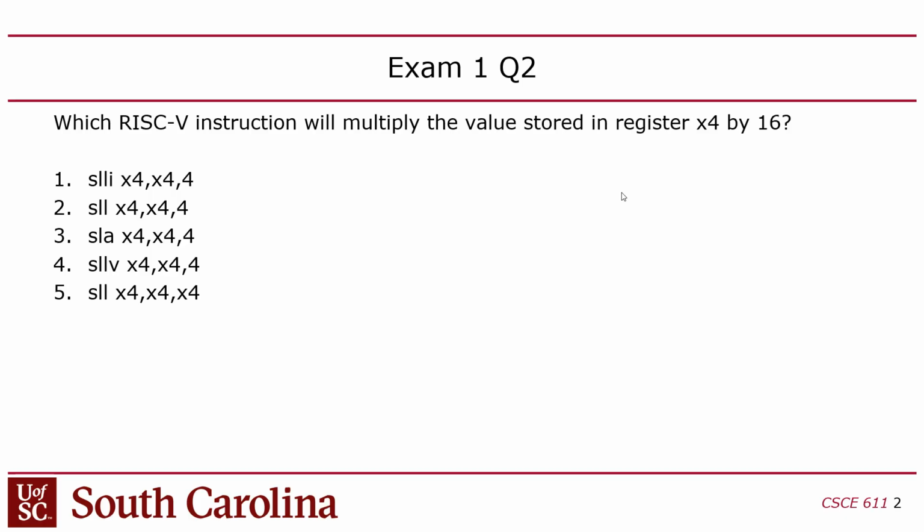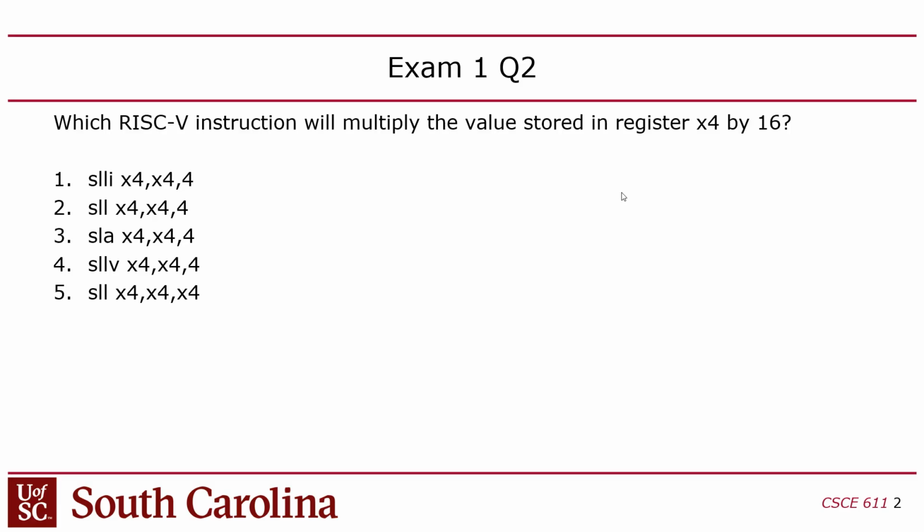Which RISC-V instruction would multiply the value stored in register 4 by 16? This is more of a 212 question, but I put it in here to highlight the difference between the MIPS and the RISC-V shift instructions.